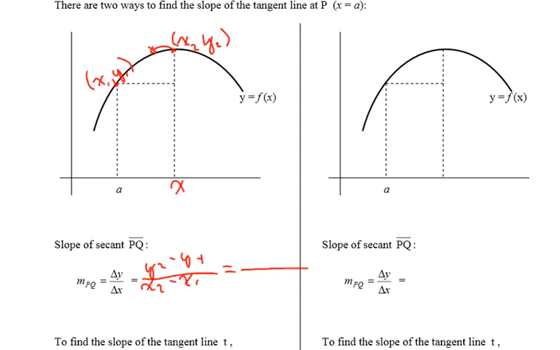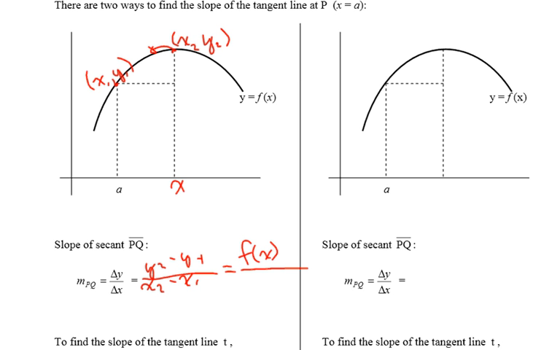What will our value for y2 be? This is our function y equals f of x. So here we have a value for x. What is our corresponding value for y? Y equals f of x. So y2 will be f of x. How about y1?